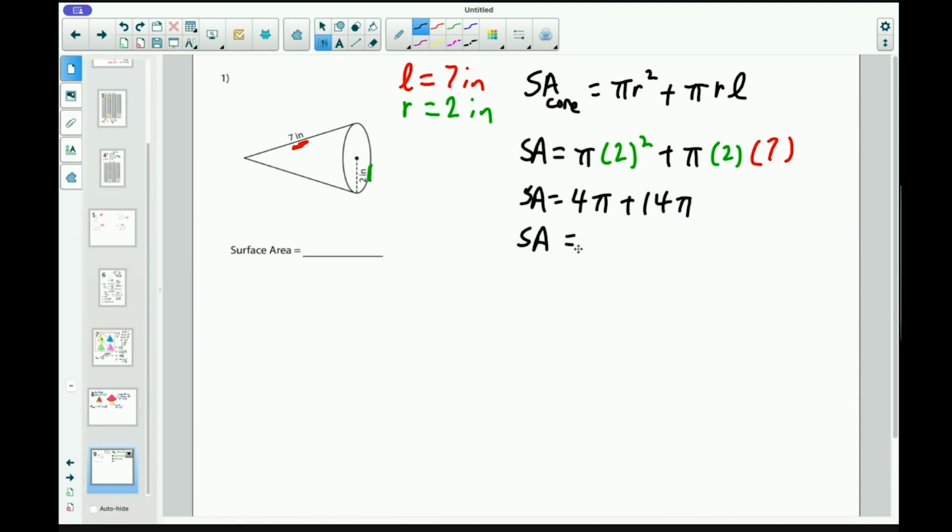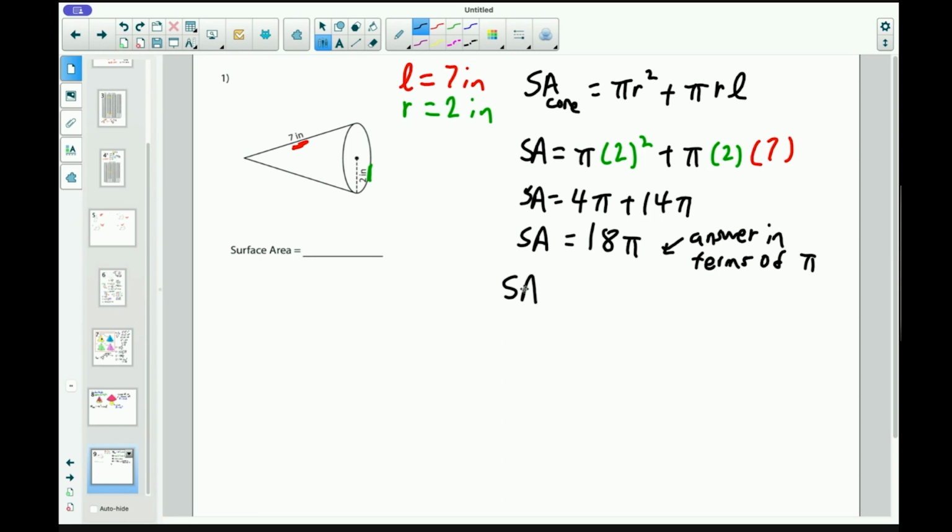And again, if you get a question where they ask you for your answer in terms of pi, you can just go ahead and write 18 pi. So this is your answer in terms of pi. And if we put this into your calculator, 18 pi gives us 56.5.